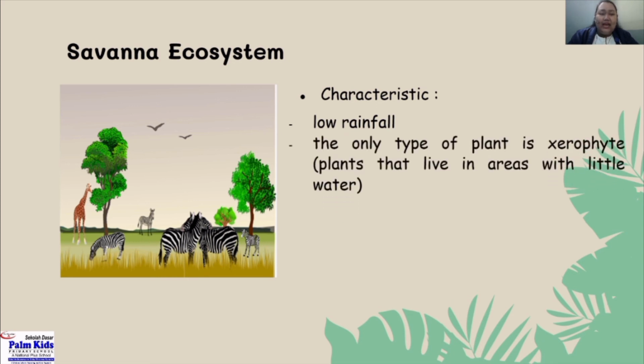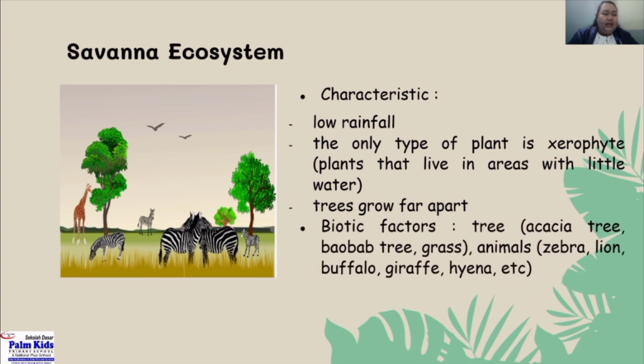The only type of plant is xerophyte. Xerophyte means plants that live in areas with little water. Trees grow far apart, and even though savanna has low rainfall, the rainfall is sufficient to support tree growth.